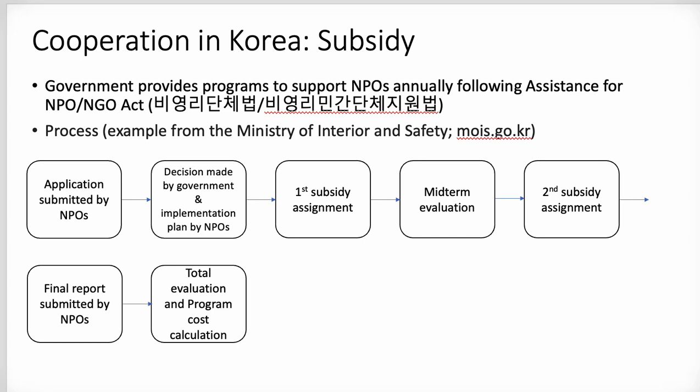And then there is the first subsidy assignment and midterm evaluation. Then there is a second subsidy assignment, and a final report should be submitted by NPOs to government. Lastly, there is total evaluation and program cost calculation.